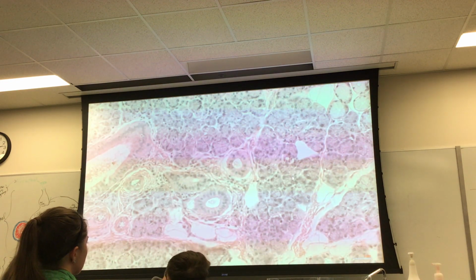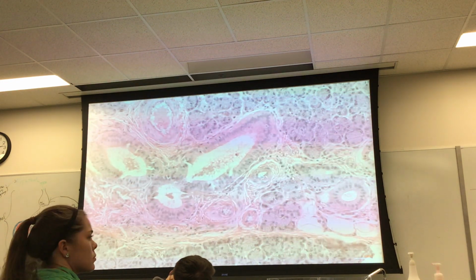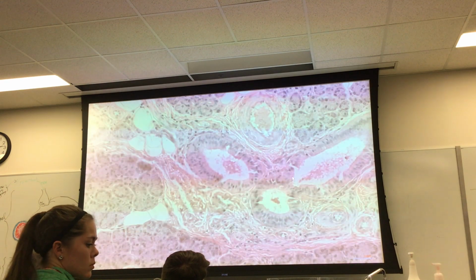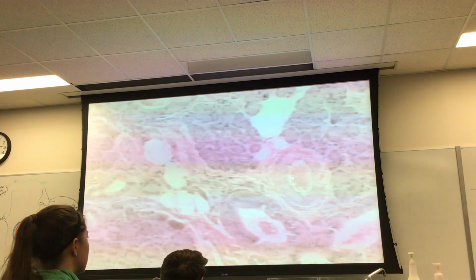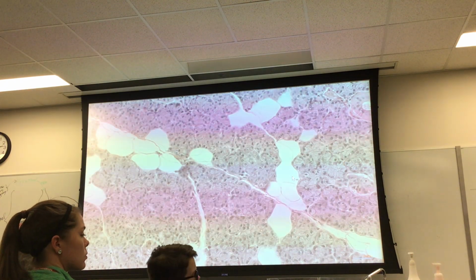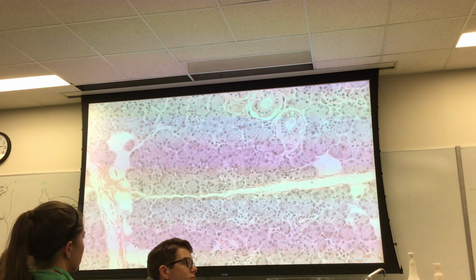So we're going to take stock of the fact that most of the things we're looking at here are primarily serous acini, but there are a few mucous acini. Because we saw a few mucous acini, that's definitely not the pancreas, and instead, just by virtue of recognizing these different acini, we're going to recognize that this is actually the parotid gland.